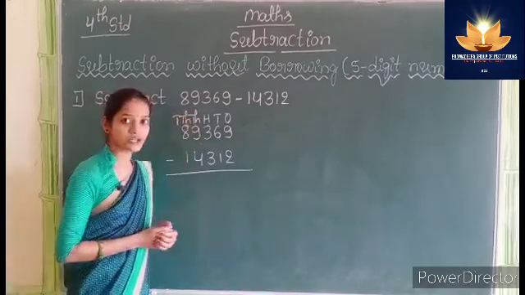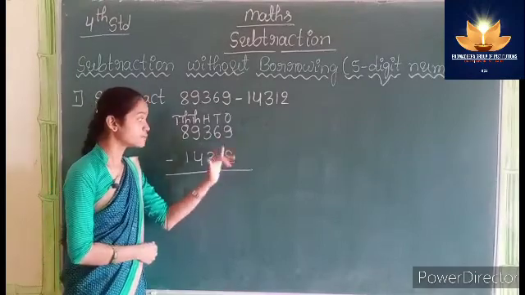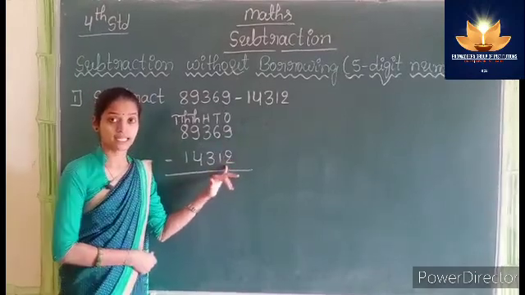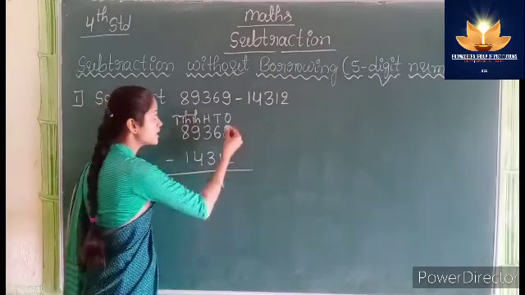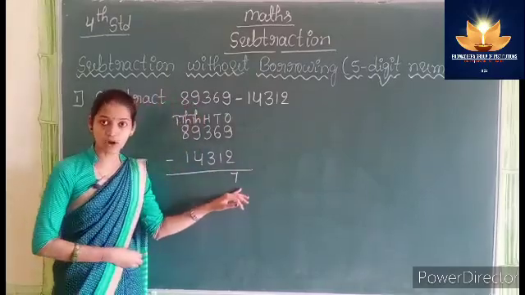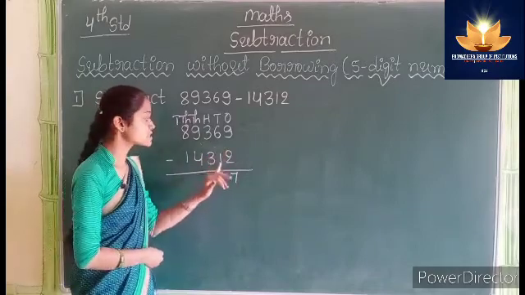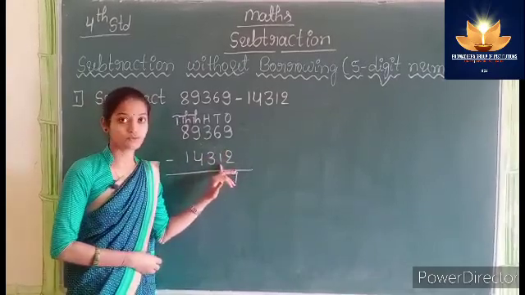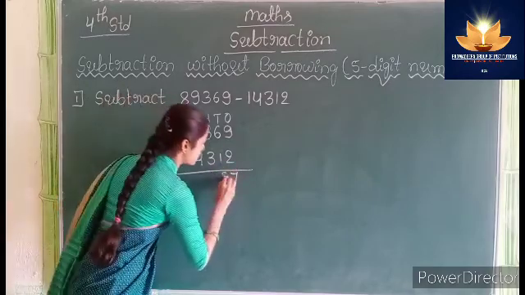In the subtraction, first we have to subtract ones place. Right? 9 minus 2, that is 7, and that 7 should be written in this ones place. After completing the subtraction of ones place, then we have to subtract tens place. 6 minus 1, that is 5, and that 5 should be written in tens place.